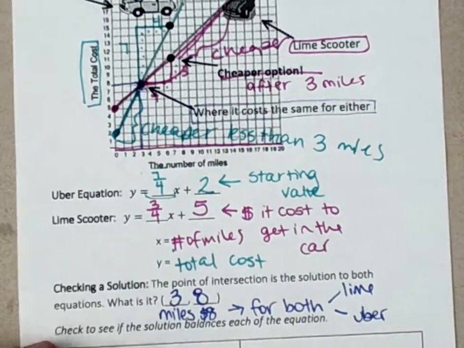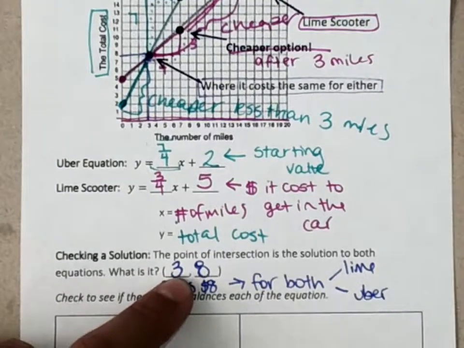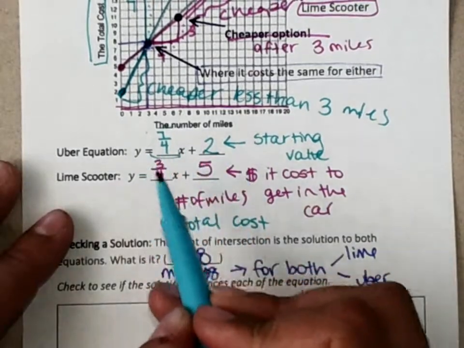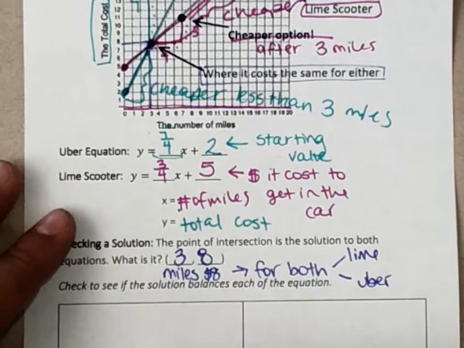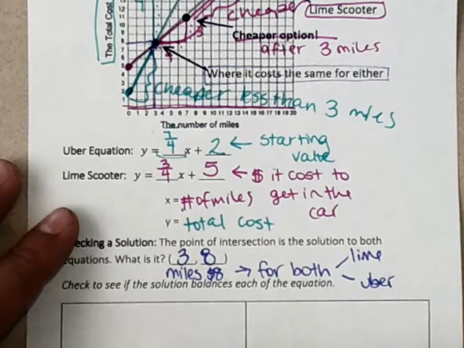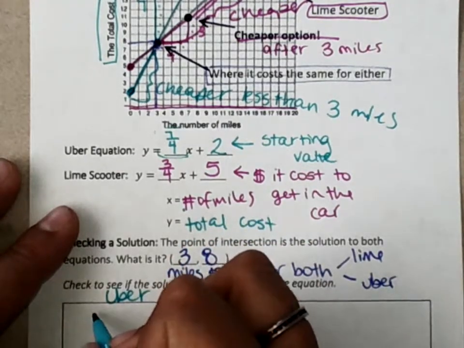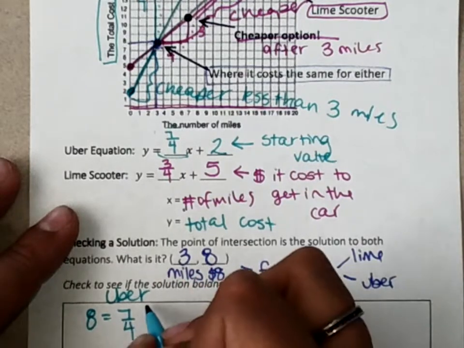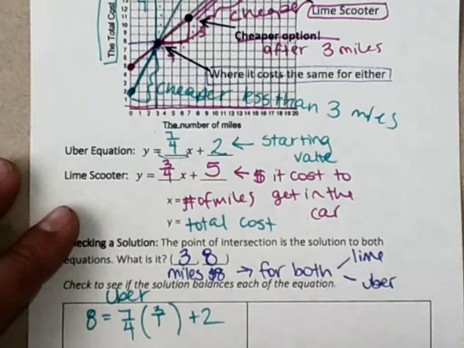Now our last step is to check and make sure that this point of intersection is actually accurate. So I'm going to use both of my equations and I'm going to plug in each of these values. If we get the same thing on both sides of the equation, it is balanced and therefore the values are correct. So Uber is 8 equals 7/4 times 3 over 1 plus 2.